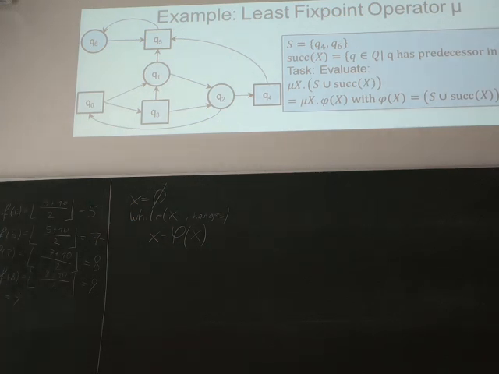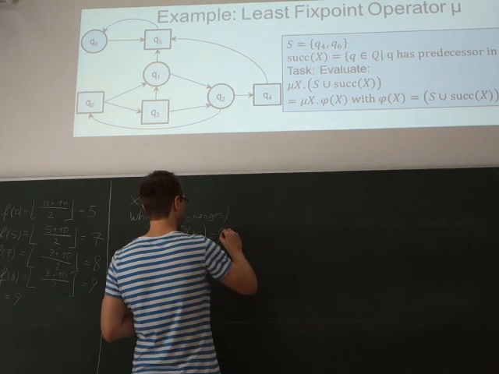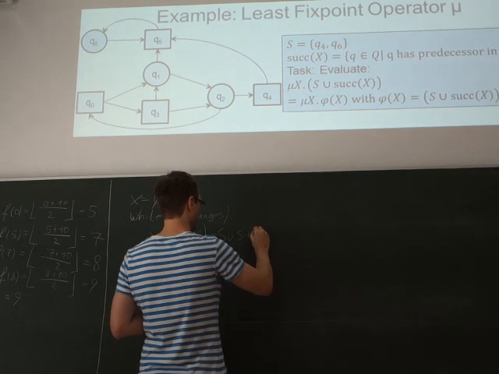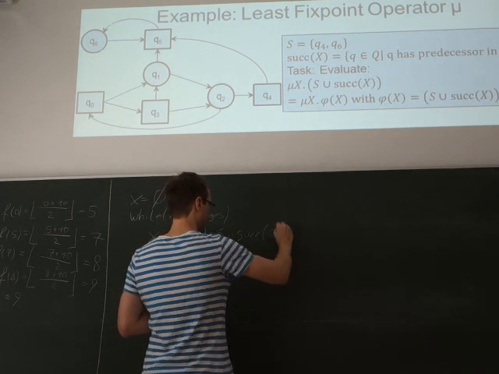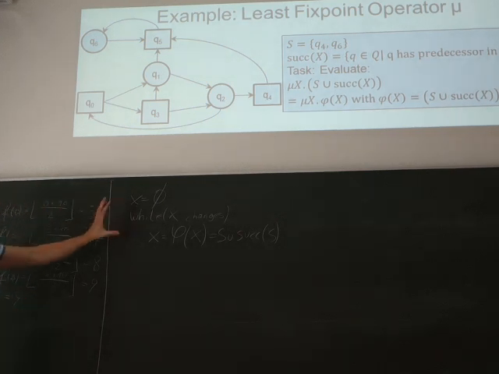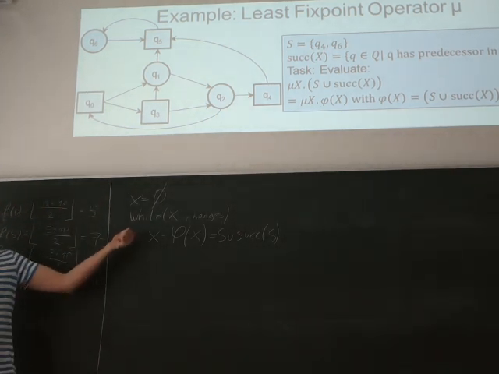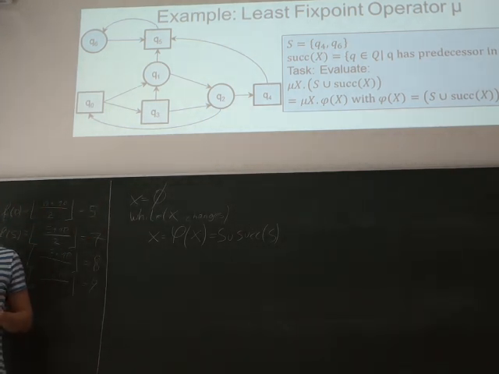And now our formula phi is defined like this. The phi part is S union successor of x. So what we need to compute basically is the result that would be produced by executing this algorithm.